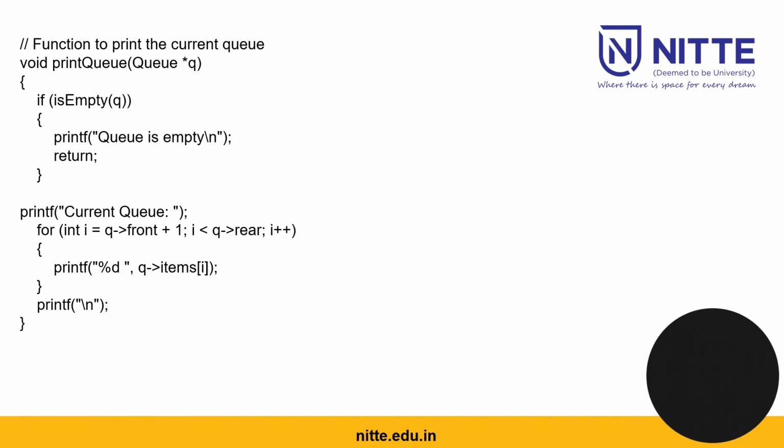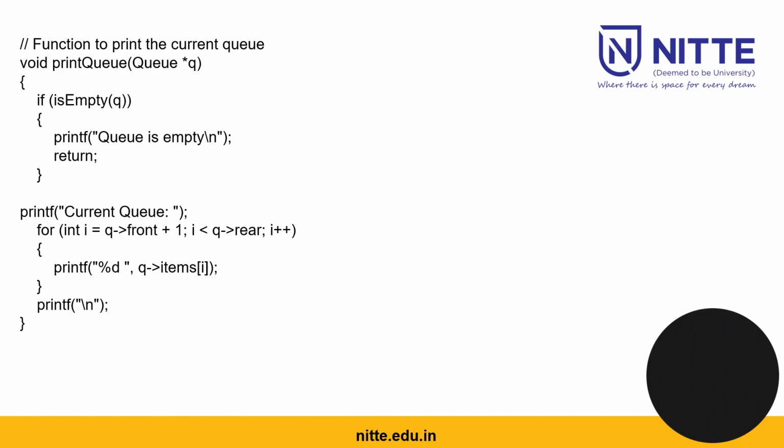Now we will use another function, print queue, which is used to print the current queue. Whatever elements are there in the current queue will be printed. So for that we will write void printQueue(Queue *q). First we have to check whether q is empty.